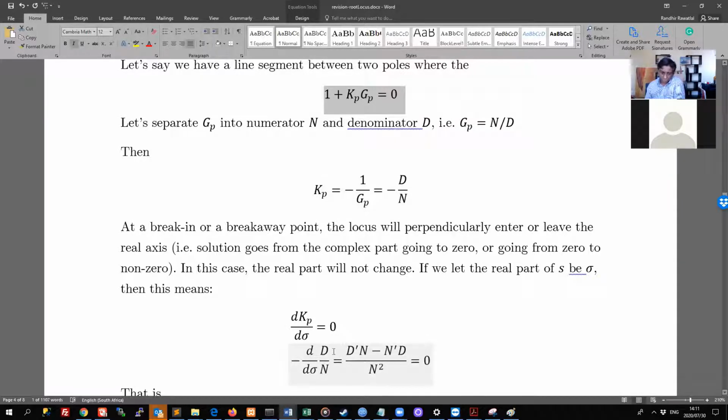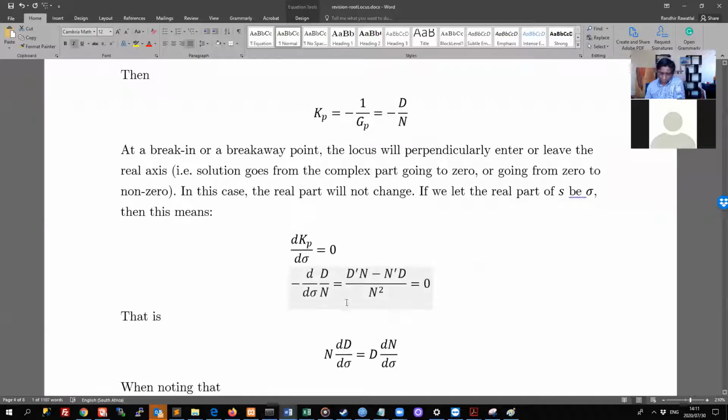The quotient rule is that you differentiate the numerator and multiply by the denominator, minus the derivative of the denominator multiplied by the numerator, divided by the denominator squared. That's just straightforward quotient rule differentiation. And then we said that's equal to 0, right? And again, that 0 is just because it means we are not moving in the real direction anymore.